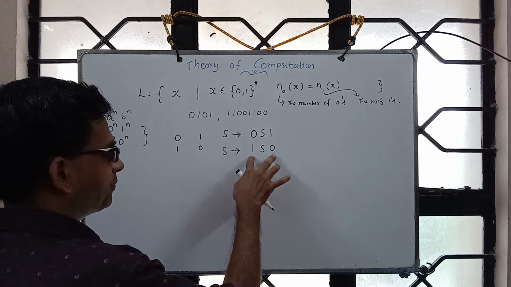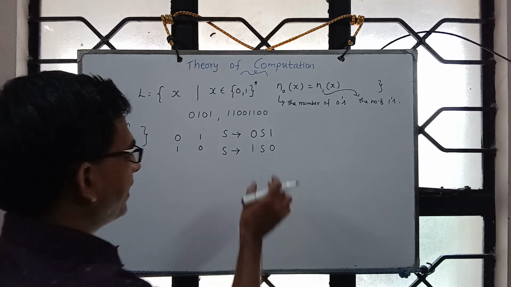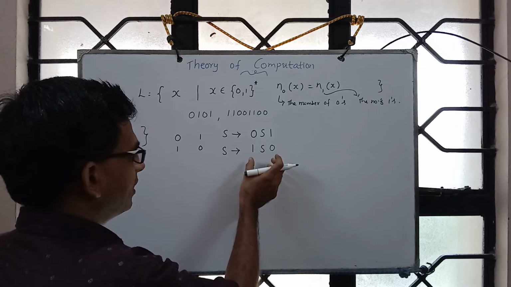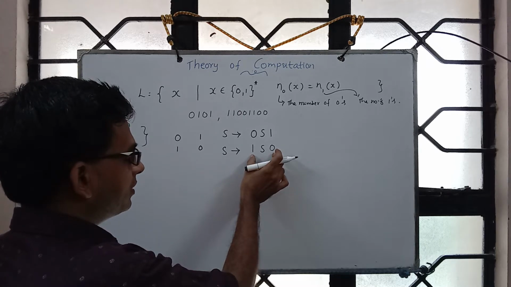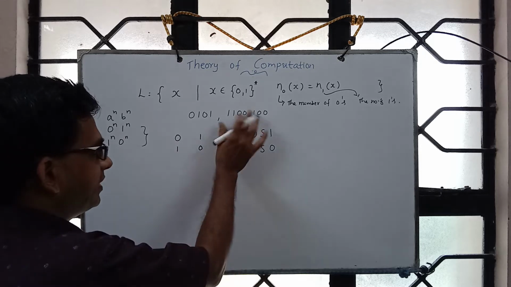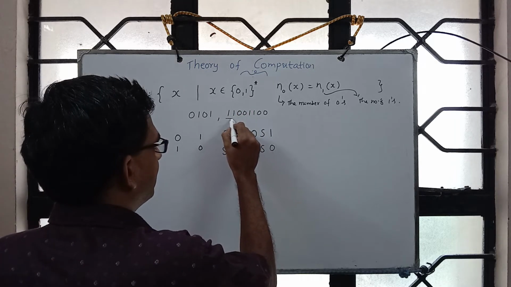Similarly, for 1, a corresponding 0. Now, this will generate 0^n 1^n if you start doing like this, and this will generate 1^n 0^n. But how do we generate this mix? So look at this pattern.